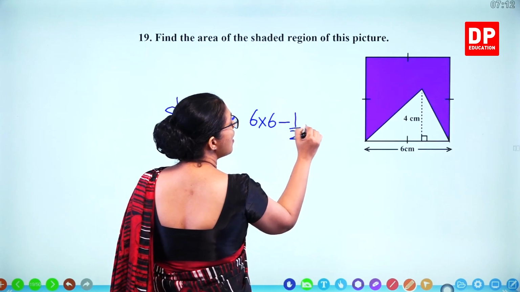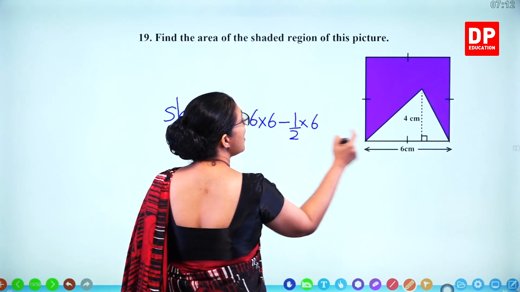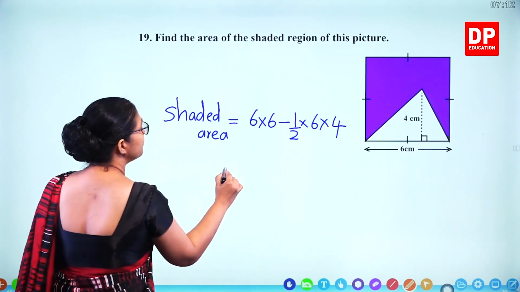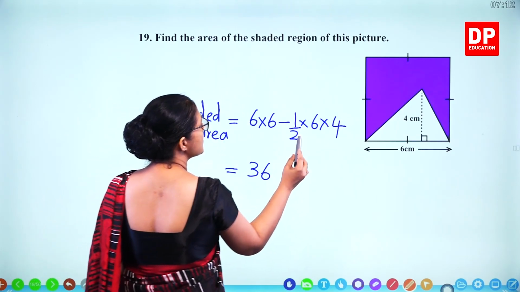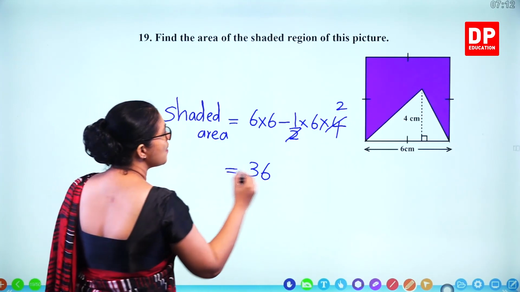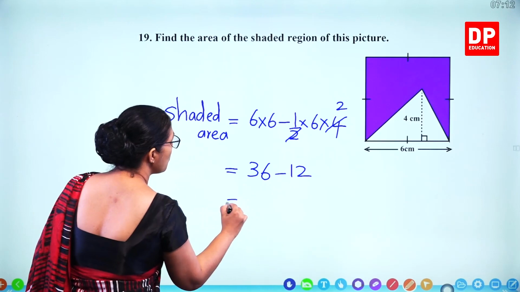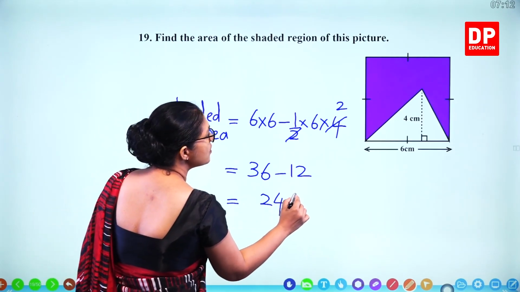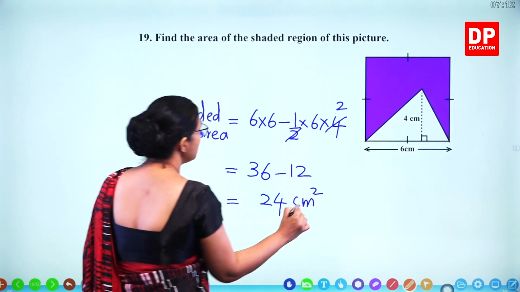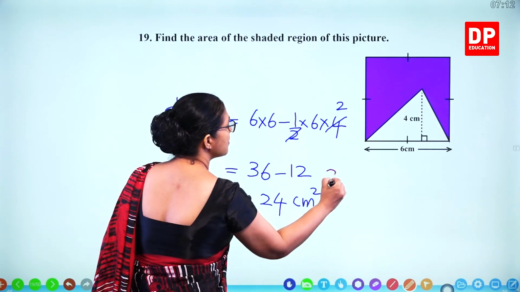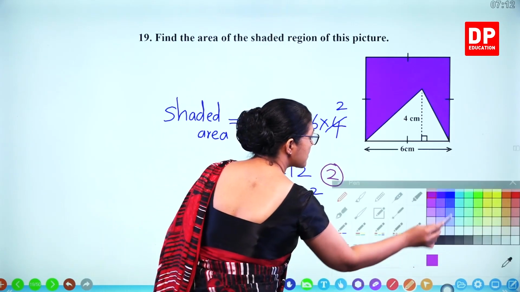Half. Base is 6 and perpendicular height is given 4. 6 times 6, 36, and here divide by 2, you get 6 times 2, 12. Subtract 12 from 36, 24 square centimeters is the area of the shaded part. You get 2 marks.